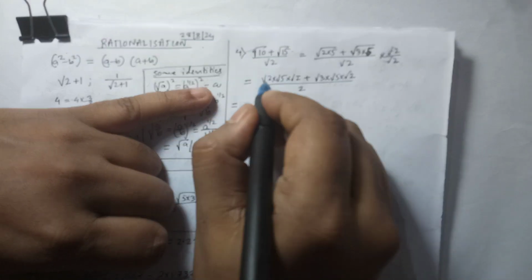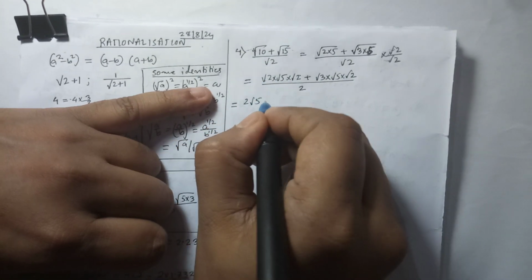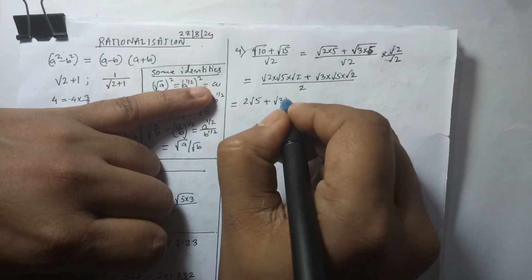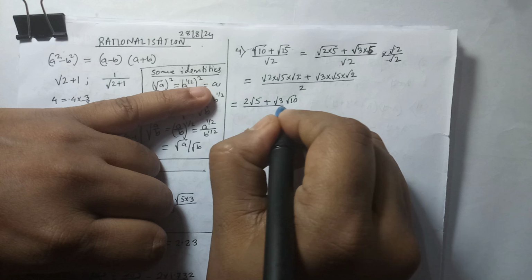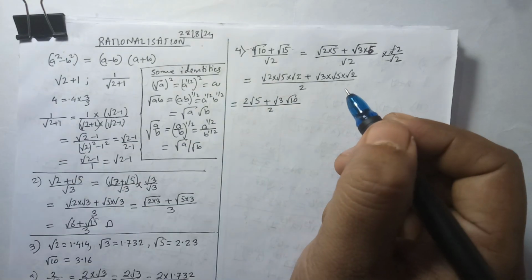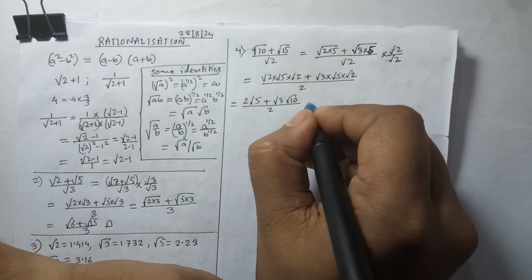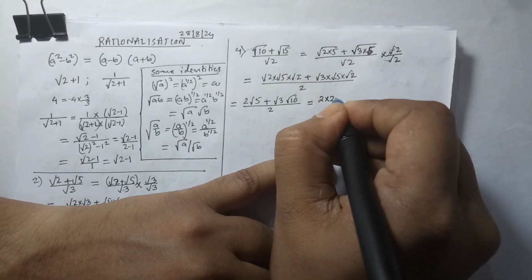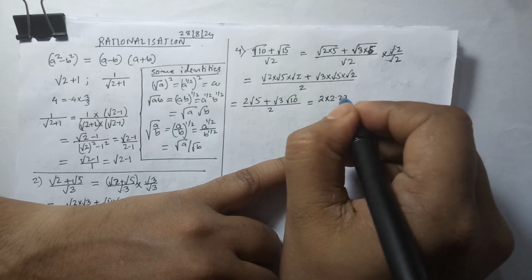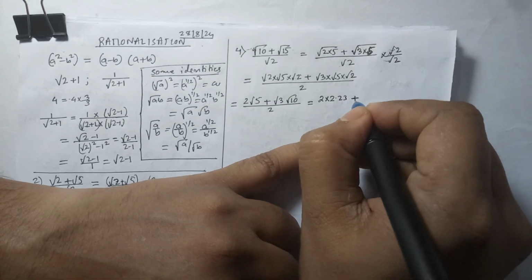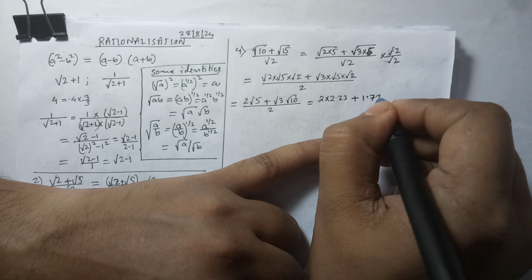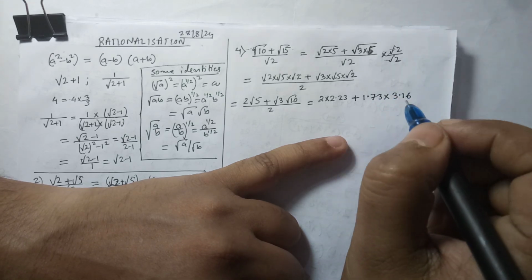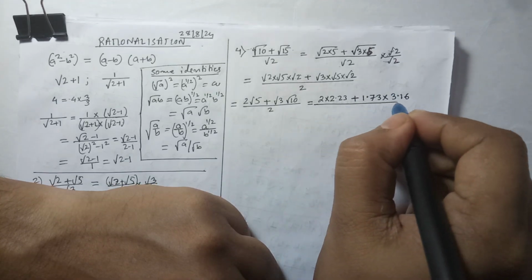This gives us 2 root 5 plus root 3 into root 5 into root 2, this is root 10, divide by 2. Now we put the value 2 into 2.23. I am not taking the third place, I am only taking up to 2 places. 1.73 into 3.16, right? Whole divide by 2.